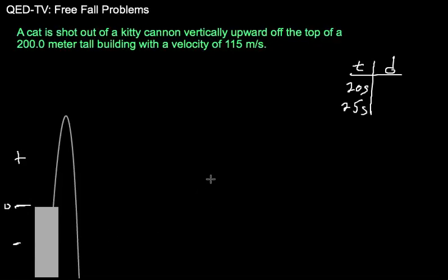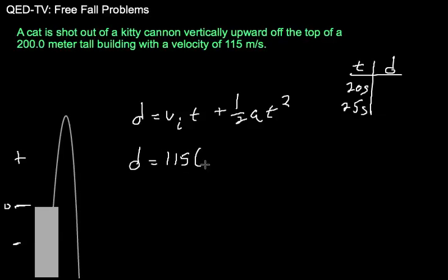And so we are looking for D, and we have time, so the equation that we're obviously going to use is D equals VIT plus 1/2 AT squared. And so I'm trying to find out D, so I can just plug in D equals my initial velocity up was 115.